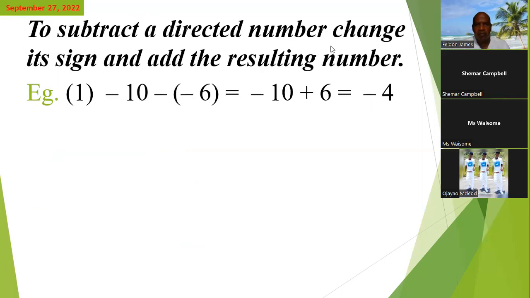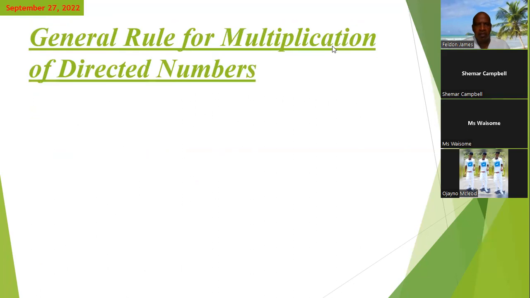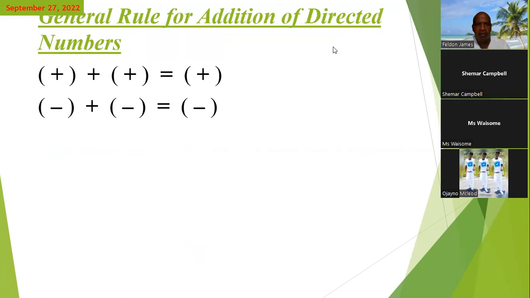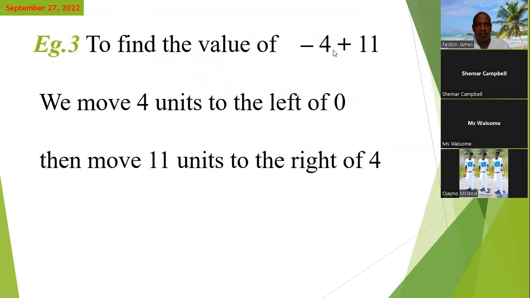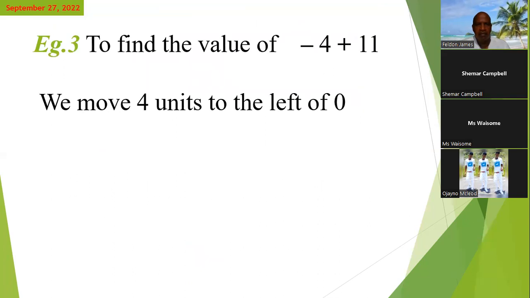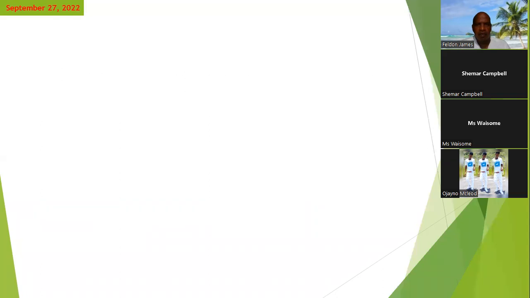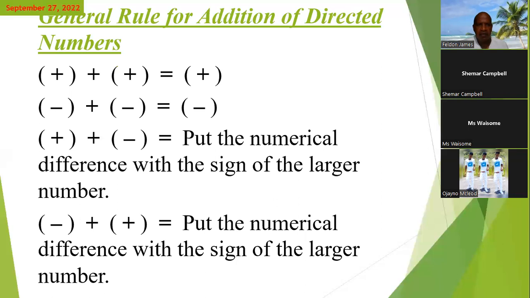Now we want to go back to the rules for multiplication. We have learned the rules for addition: if you're adding positive to positive, you get positive. If you're adding negative to negative, you get negative.